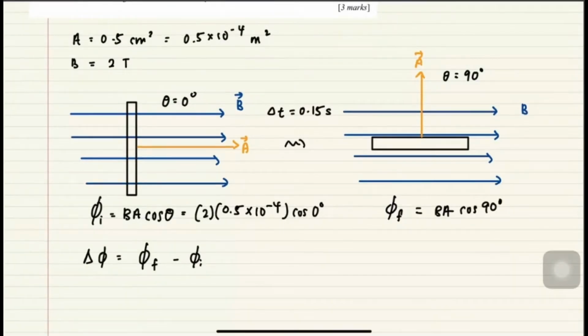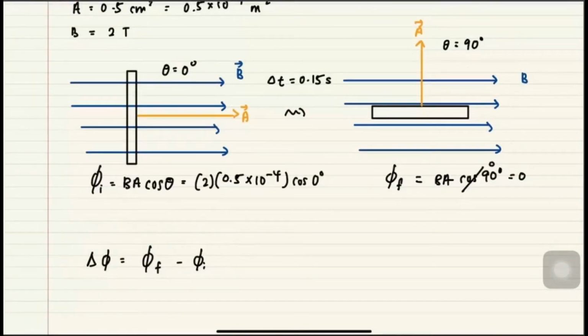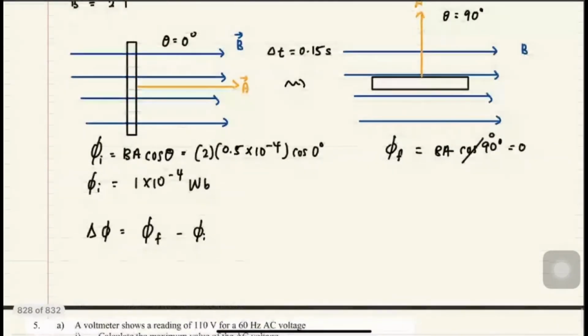Cos 90 degrees is equals to 0. So the whole thing becomes 0. Okay, so tak tulis penuh lah untuk tak cukup space. Okay, this one, your initial flux tadi tu, satu lah kan. And then the unit will be Weber. Okay, so masuk balik dalam equation bawah ni.